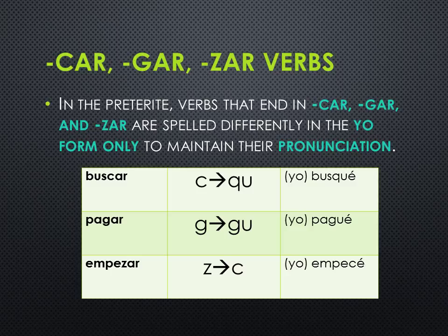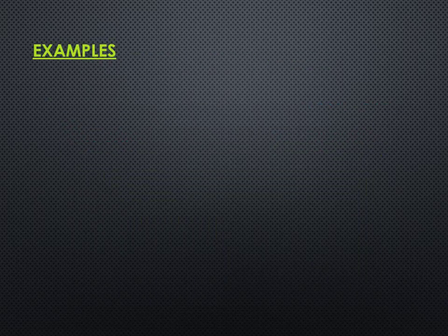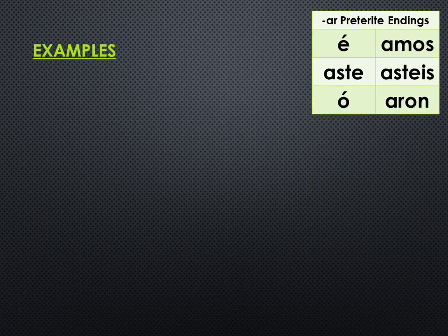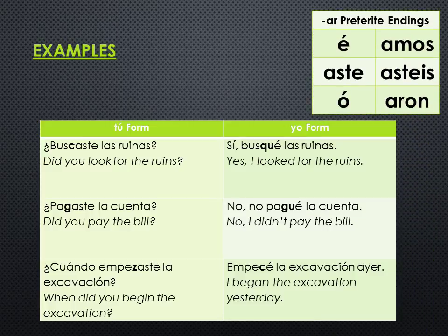Now, after the yo form, everything else is normal. Okay, so you just take off the -ar, then add -aste for tú, etc. All right, so here are some examples. I included the preterite endings for -ar verbs as well, so maybe write those endings down again, just in case, so that we don't have to flip back to your other notes.